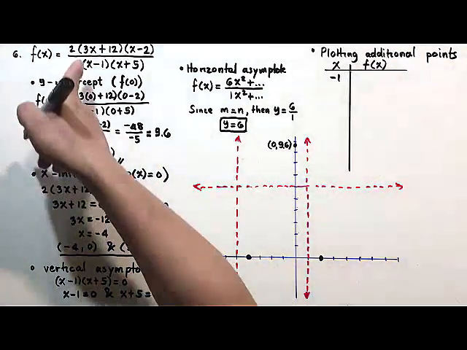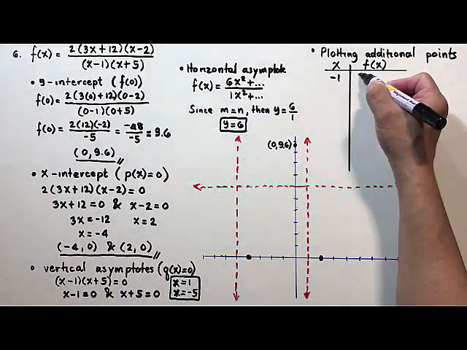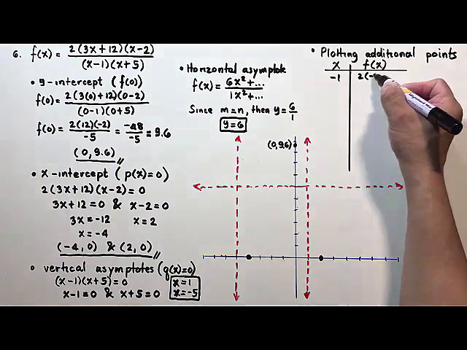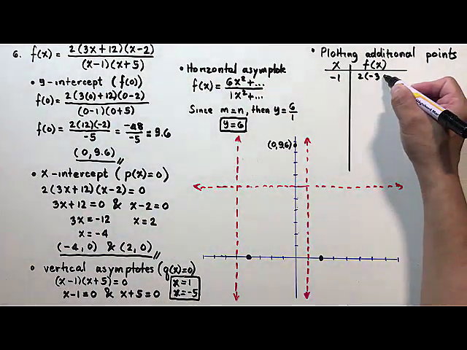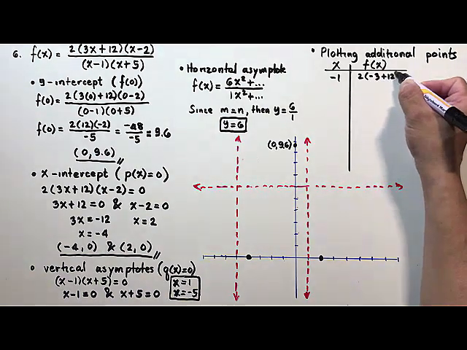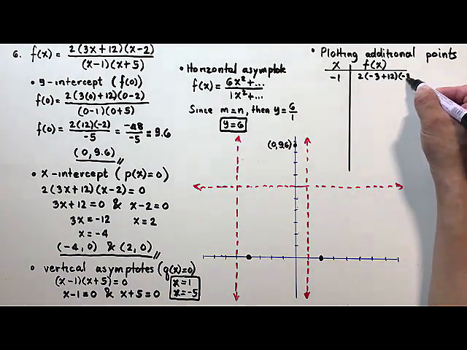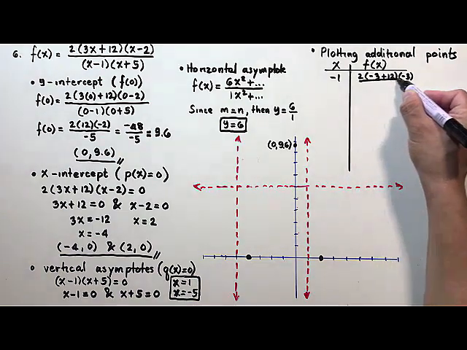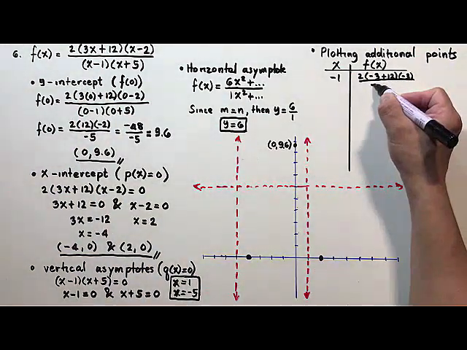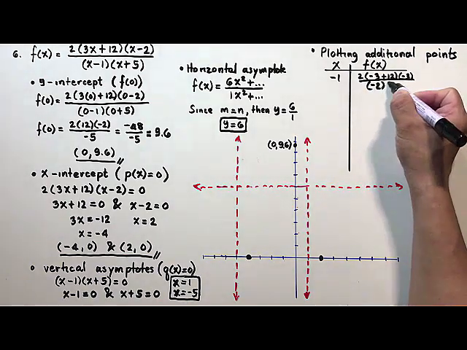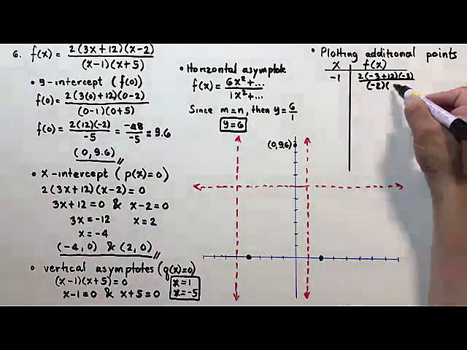Substituting negative 1 there, that is 2 times negative 3, because 3 times negative 1 is negative 3, plus 12 times negative 1 minus 2, that is minus 3, over negative 1 minus 1, that is minus 2, and negative 1 plus 5 is 4.